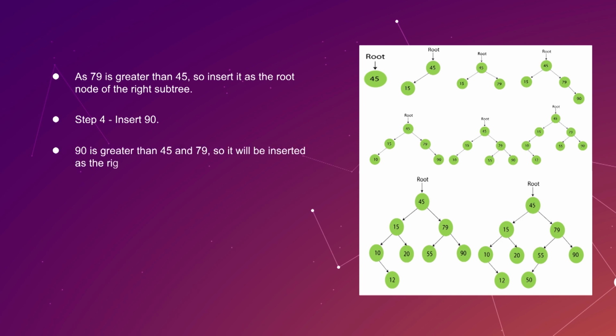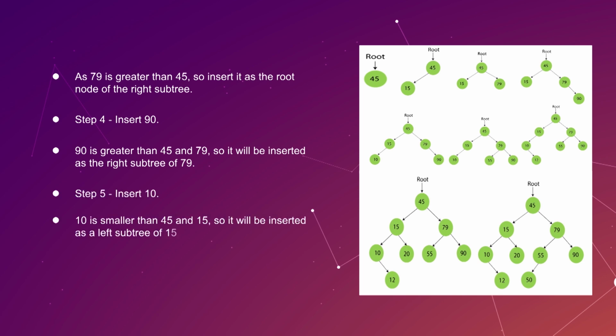Next element is 90. 90 is greater than 45 and 79. So, first we compare with the root node item, then we move to the right subtree. Here we have the item 79. Again we compare with 79. 90 is greater than 79. So, it will be inserted as the right child of 79.